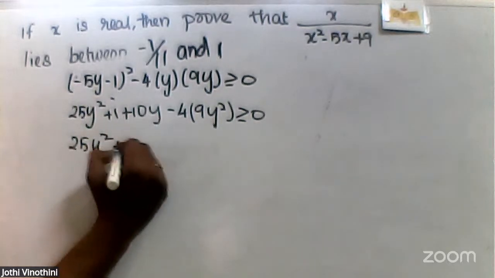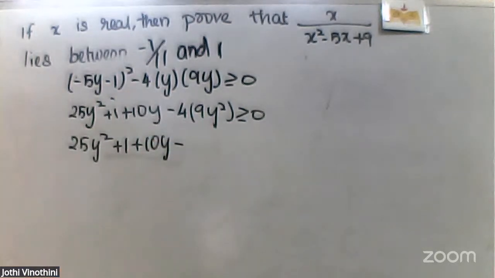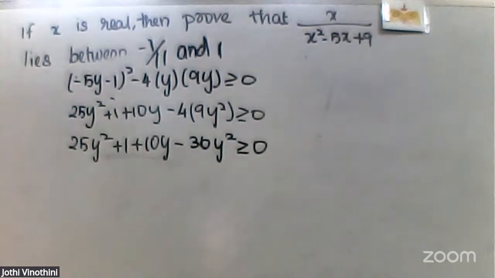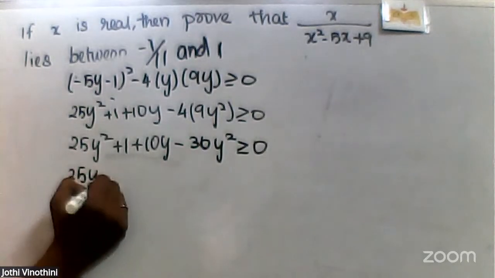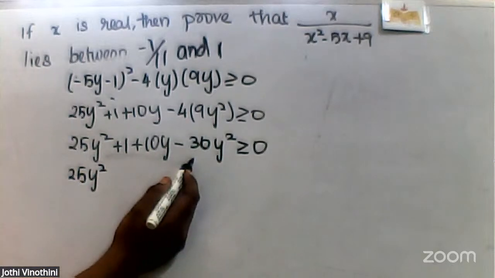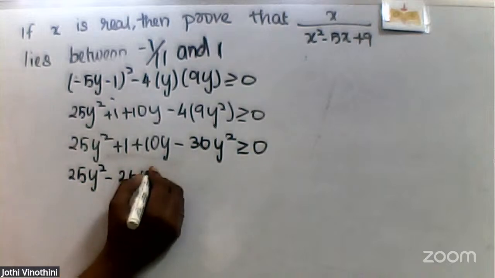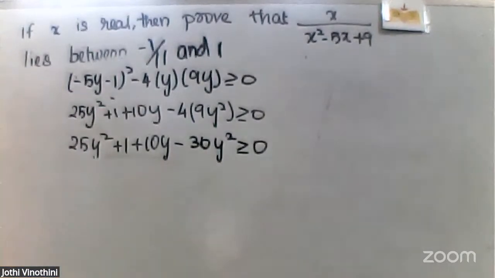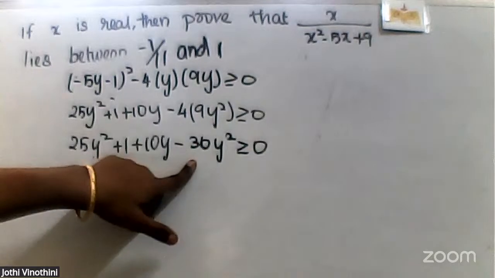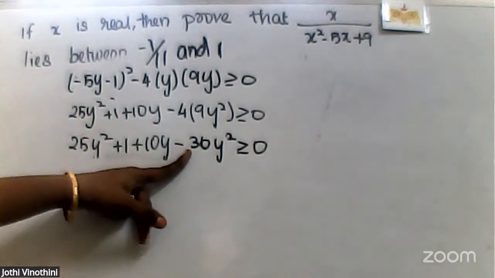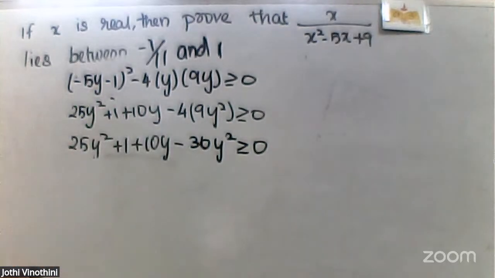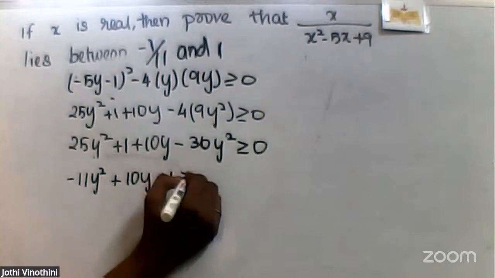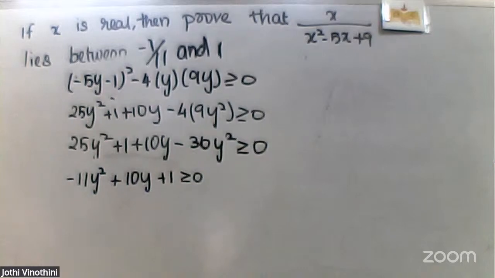So 25y squared plus 1 plus 10y minus 36y squared. Here we have 25y squared and minus 36y squared, so minus 36 plus 25 gives minus 11y squared plus 10y plus 1 must be greater than or equal to 0. Clear?